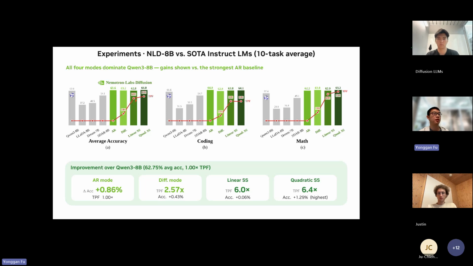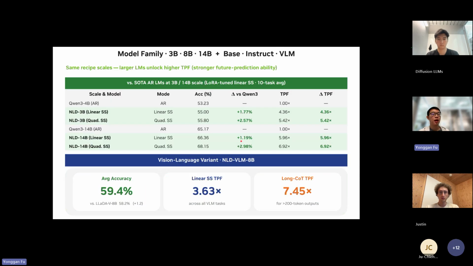Basically, we can decode 6 tokens per forward while ensuring higher accuracy than the Qwen3 8B model. For coding and math domains, this is even more significant. And for our other model sizes, like the 3 billion and 4 billion, the trend is very similar, and for our 14 billion model, also 6x tokens per forward.